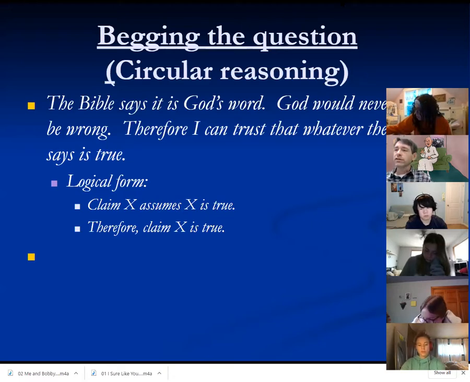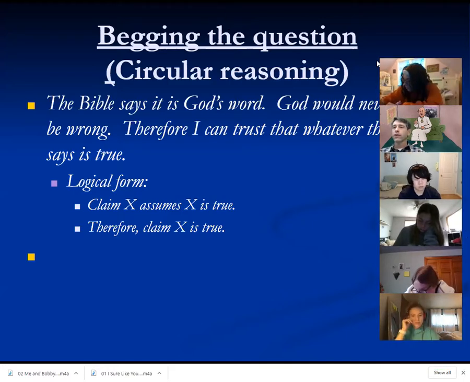The Bible says it's God's word. God would never lie or be wrong. Therefore, I can trust whatever the Bible says to be true. Claim X assumes that X is true. Therefore, claim X must be true.